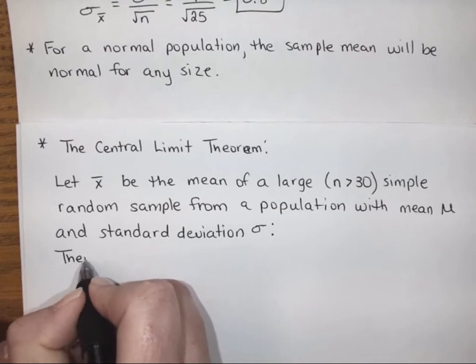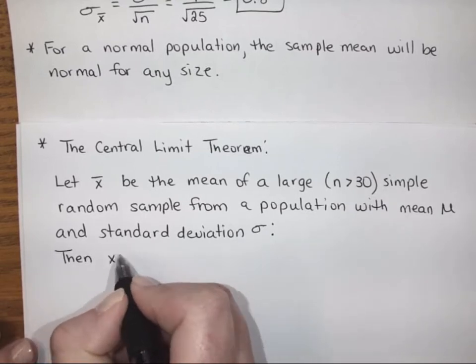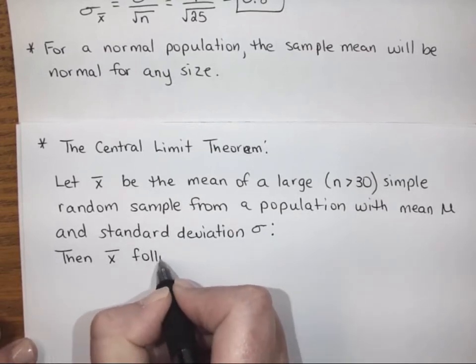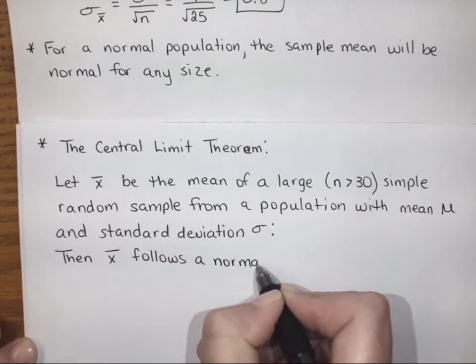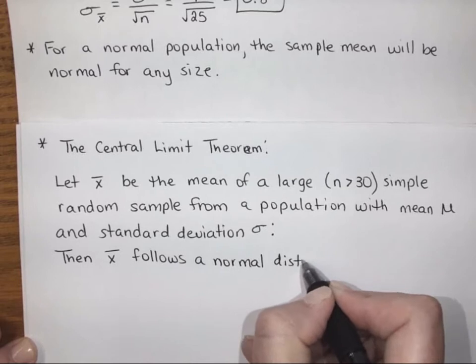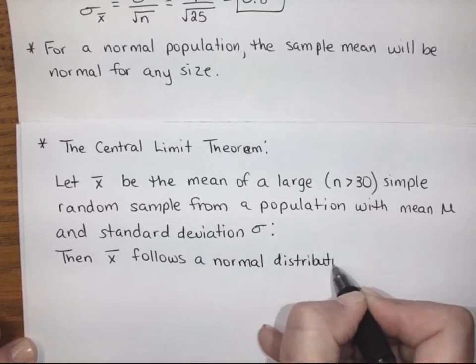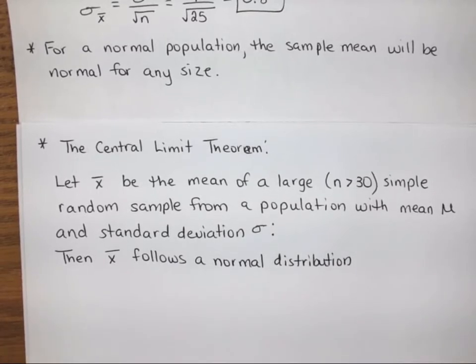As long as we can show that these things are true, then x bar follows a normal distribution also. So in other words, we can make determinations about this smaller set. We like it when things can be called a normal distribution because we can say a lot of things about them. They have very specific patterns.